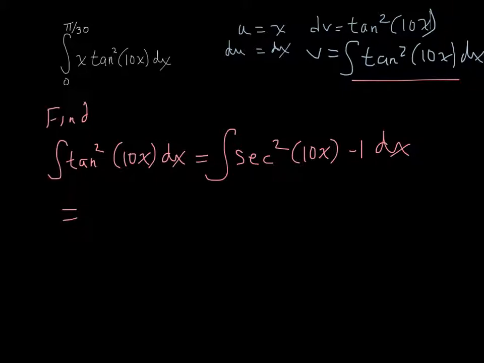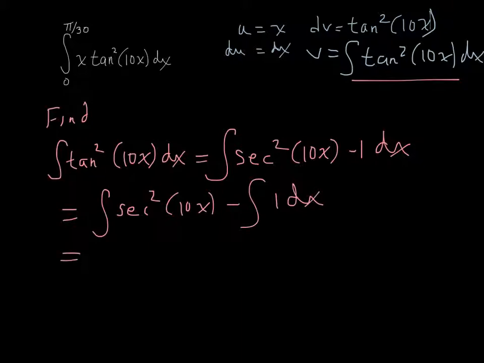And I can separate that as the integral of secant squared 10x minus the integral of 1 dx, which, with the 10 inside the secant squared, becomes 1 over that 10. Integrate secant squared becomes tangent 10x, and then integrate 1 just becomes x.